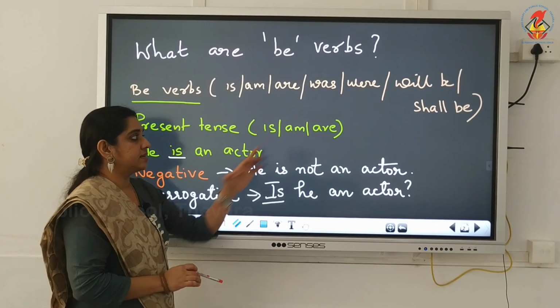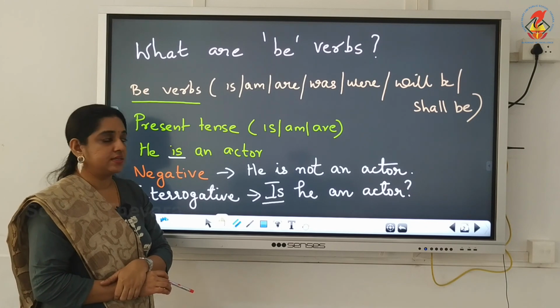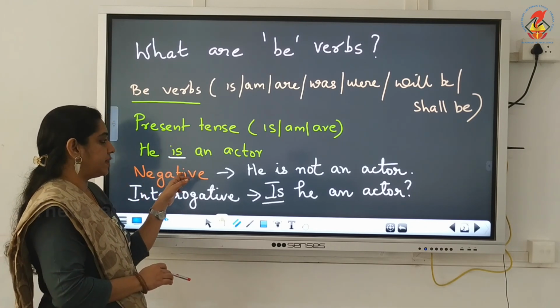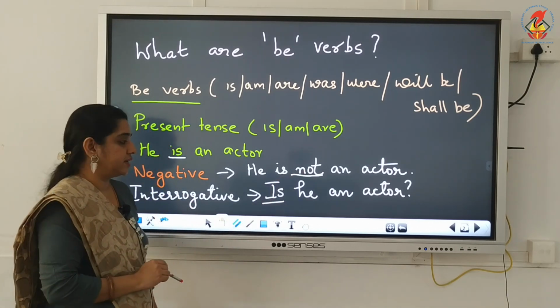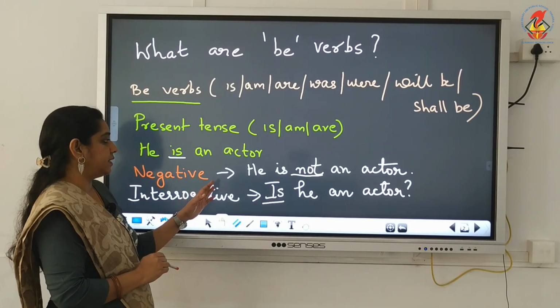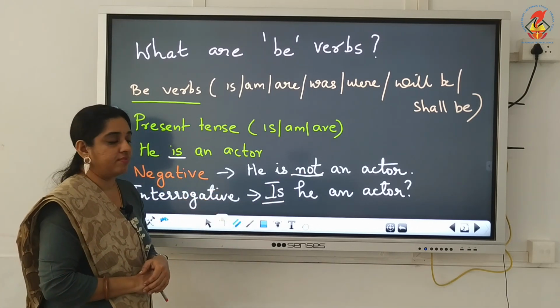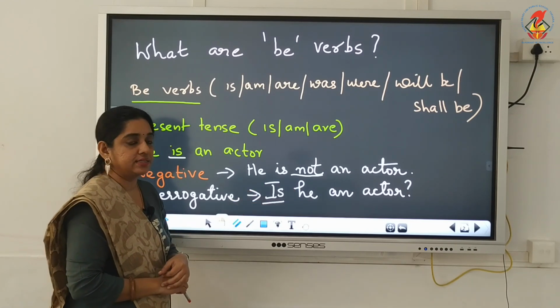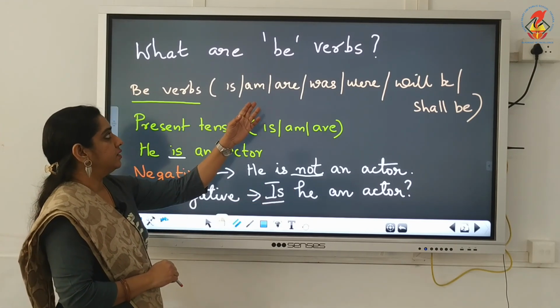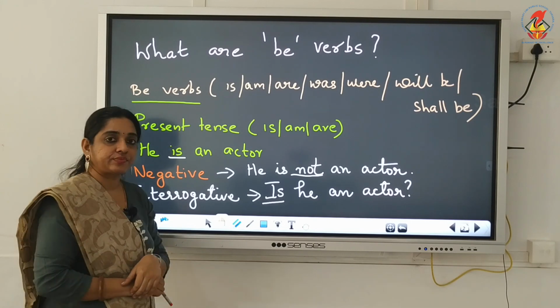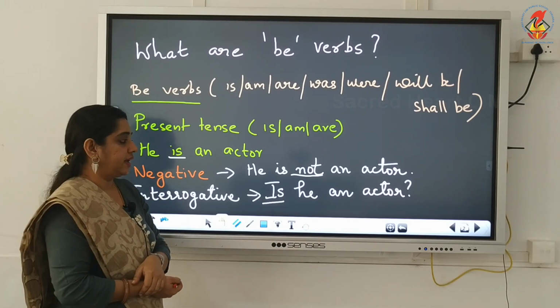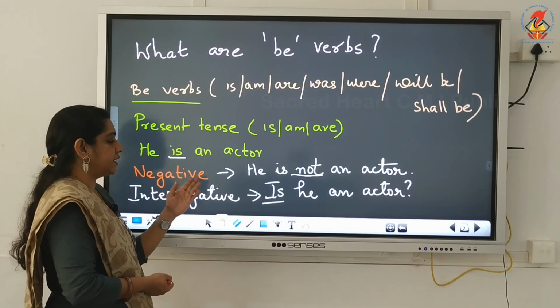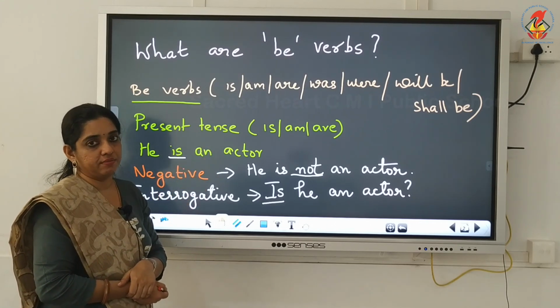Is, am and are are used in present tense. And you can make it negative by adding not. Then you can make interrogative sentences using be verb. Is he an actor? Or you can use are. Are they eating or are they playing? Like that you can form negatives and interrogatives using be verbs.